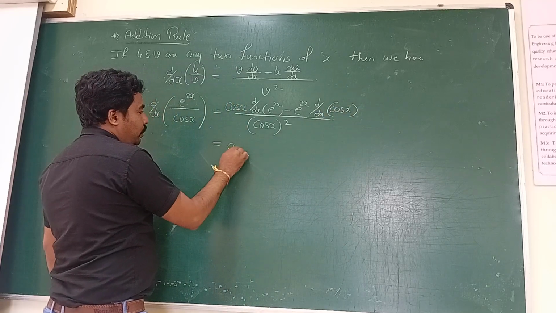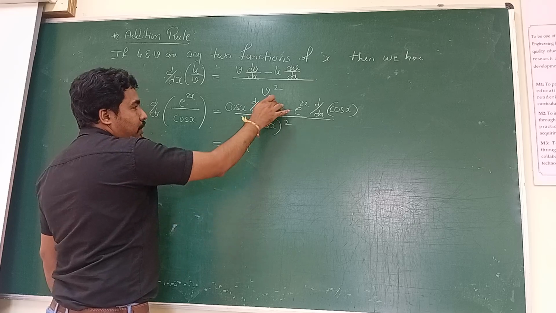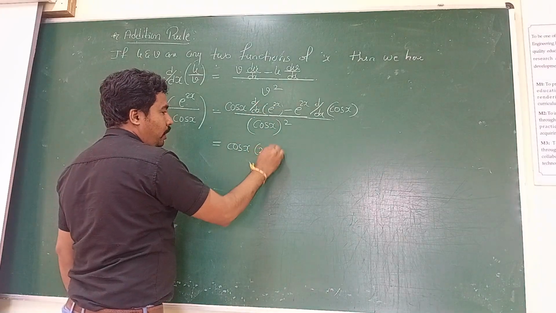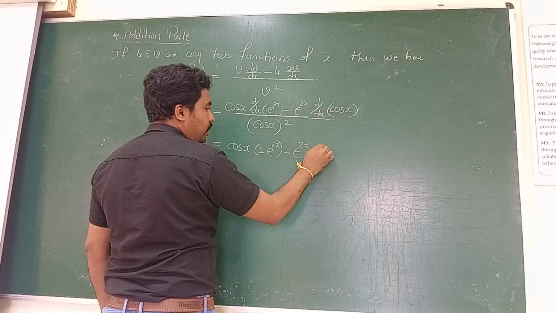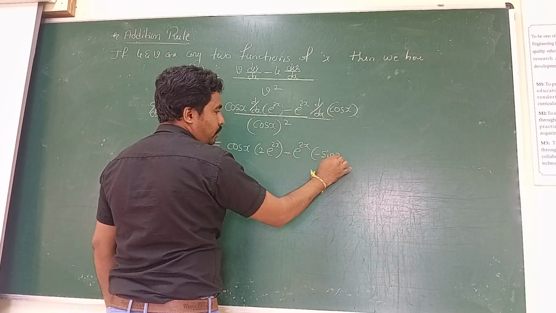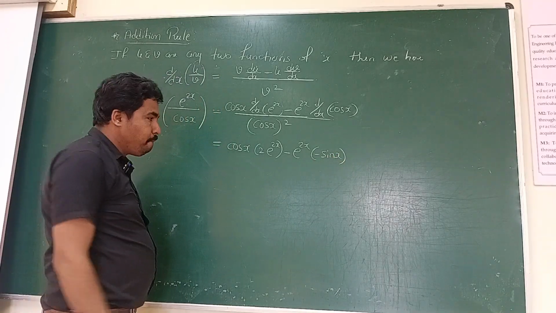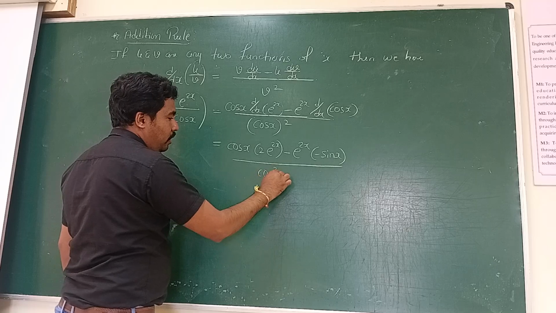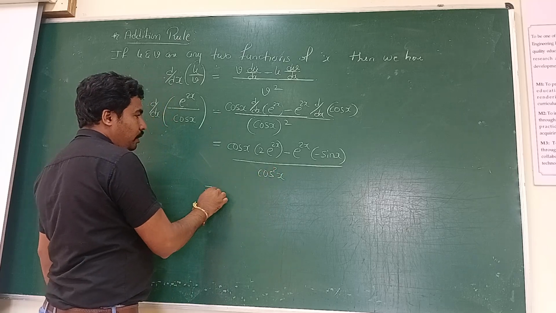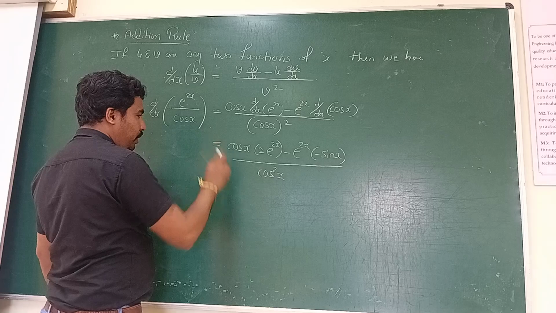This is equal to cos x times the differentiation of e^(2x), that is 2 into e^(2x), minus e^(2x) times the differentiation of cos x, which is minus sin x, divided by cos square x. So here e^(2x) is common on both sides.